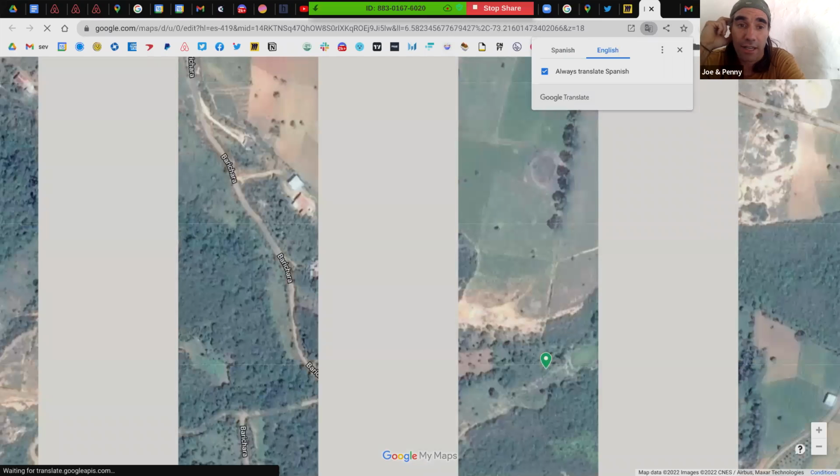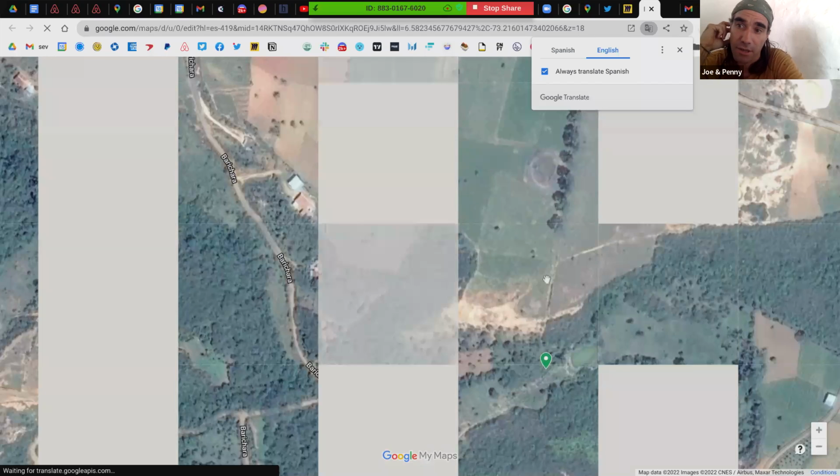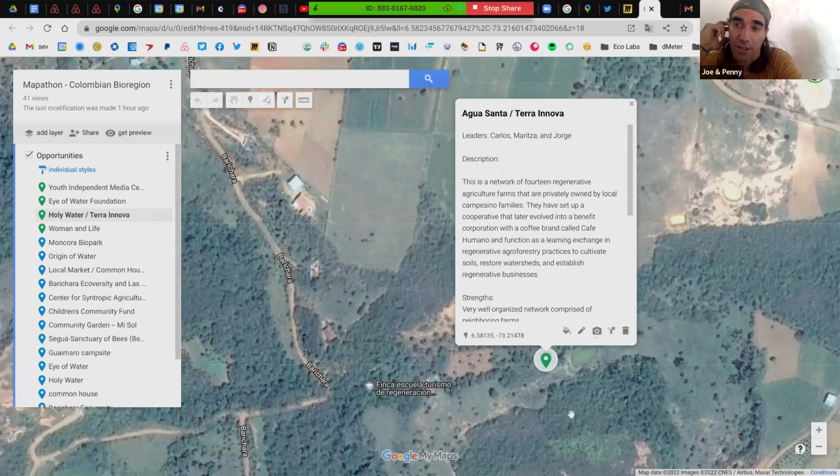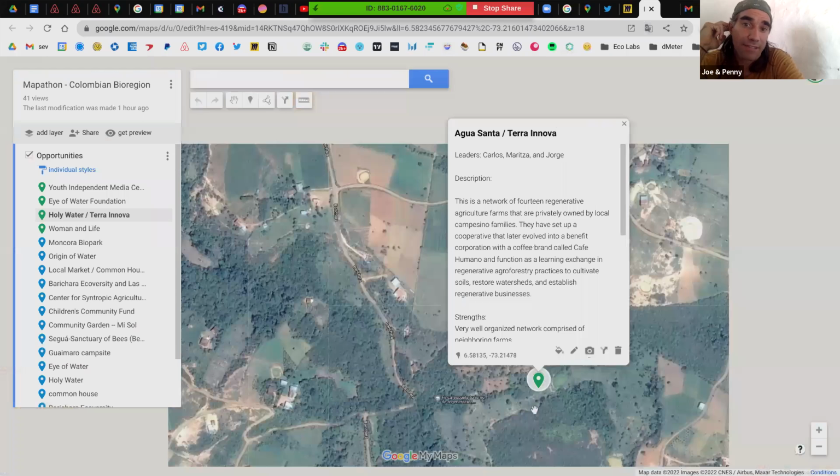Whereas Terra Innova is an organization that represents 14 different regenerative agriculture farms that engage in various kinds of technical exchanges so that they can learn together and bring things to market.